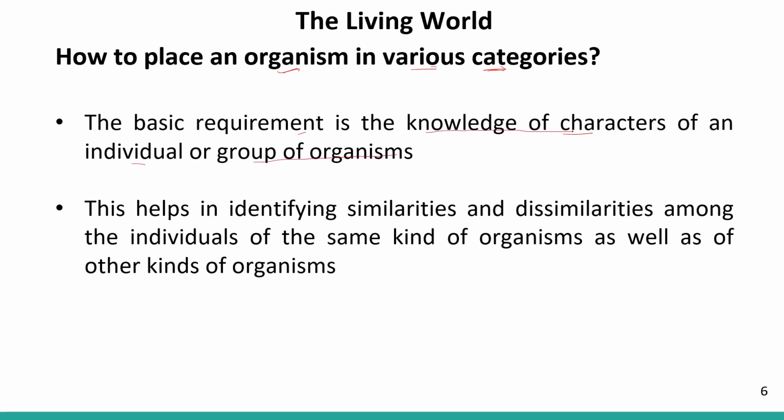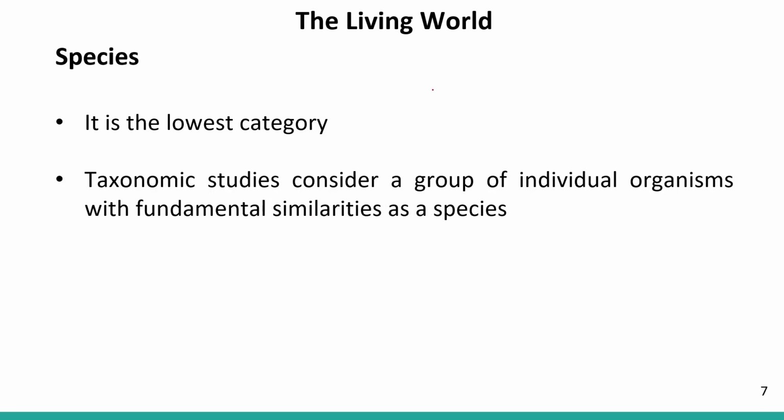So there should be knowledge of the unique features or characters. This helps in identifying similarities and dissimilarities among individuals of the same kind of organism as well as of other kinds of organisms. So to place an organism in various categories, we need to have knowledge of the fundamental characteristics of the individual or group of organisms.